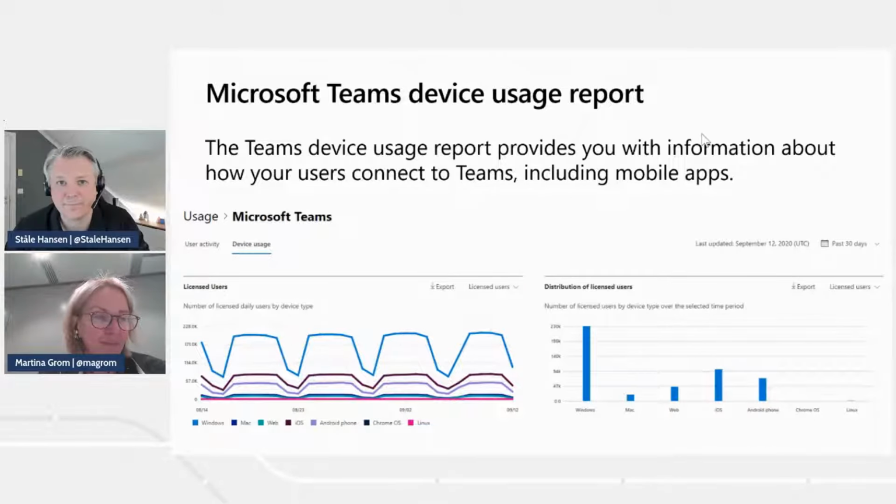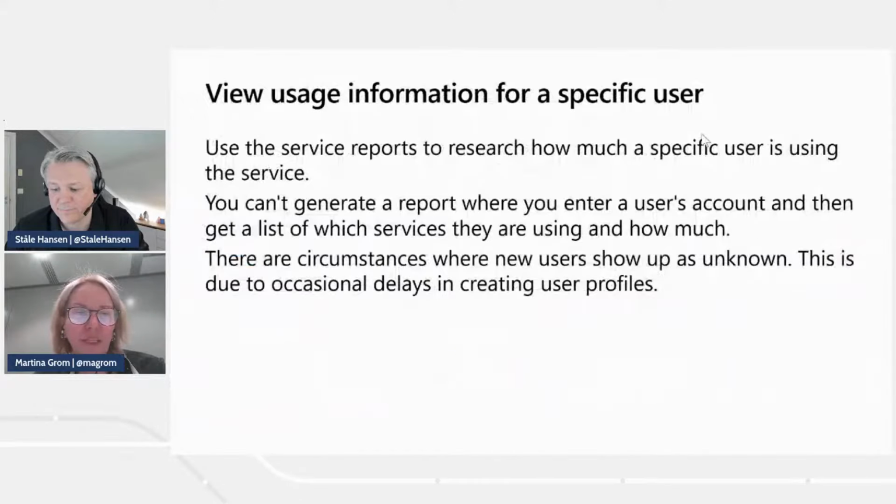Then you can dig a little bit deeper because you can also go into the usage information for specific users. That means you can use those service reports to research how much a specific user is using the service. You can generate a report, go into the user account, and get the list of which services they are using and how much.